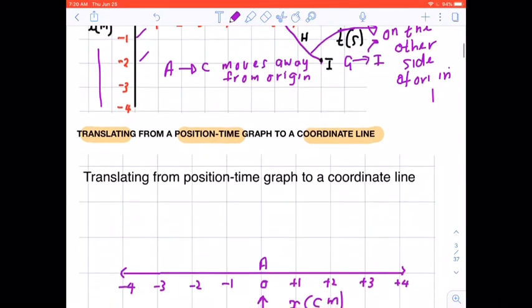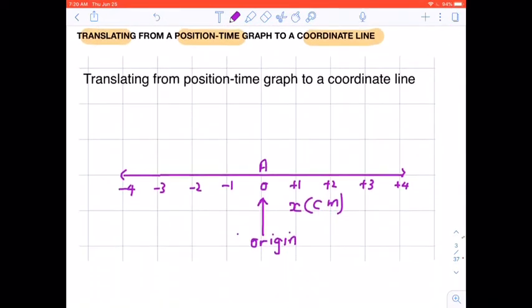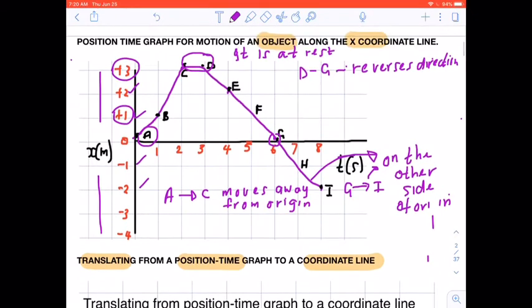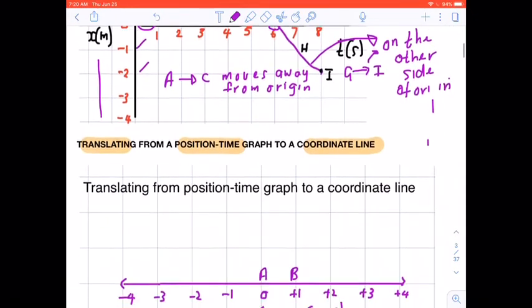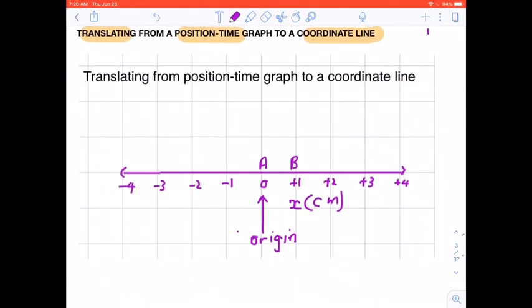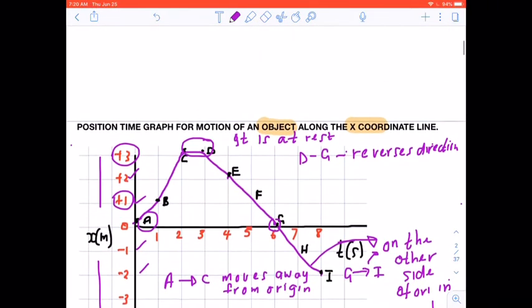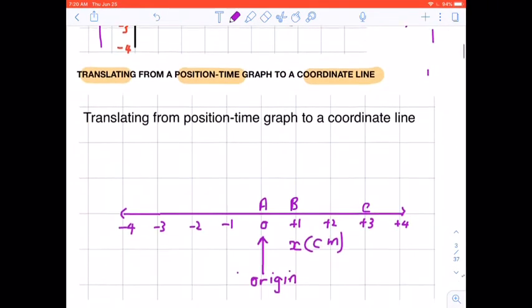Then we want to show C, and C is at +3, and then we see D is at the same position.